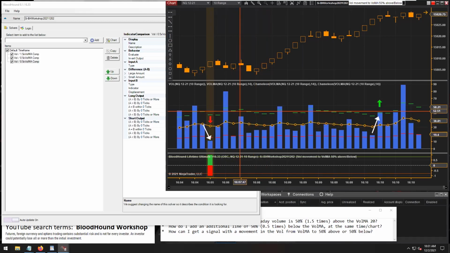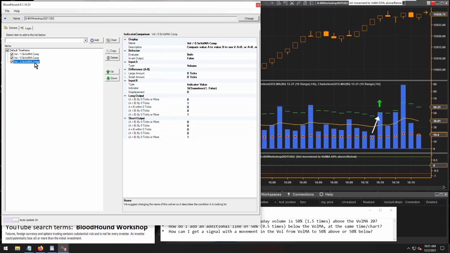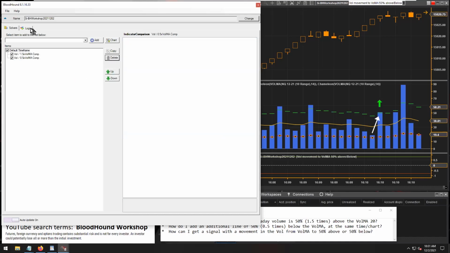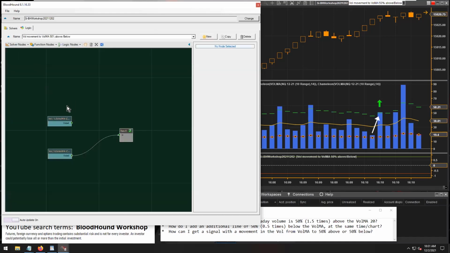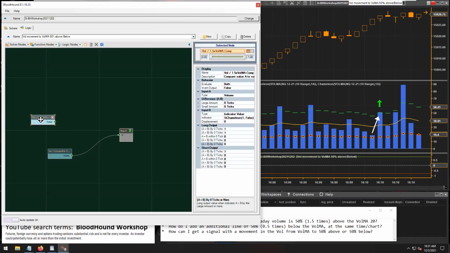So that's Chameleon with two different settings, which means it would not be possible to make one solver with Chameleon with two different settings. So I'm going to have to go with my original thought. I got rid of that third comparison solver, and we'll go back to the two solvers that we have here.